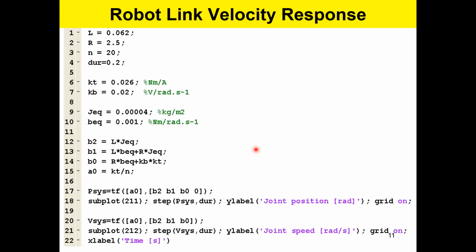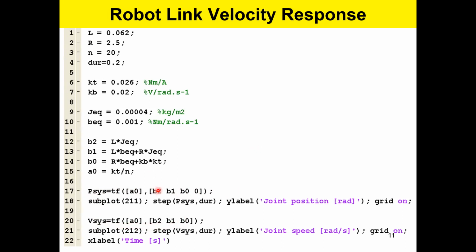So you can have your MATLAB code modified, right? Like this, P system, this is position. This is the transfer function. And if you look at V system, which is the velocity transfer function, it will change like this.